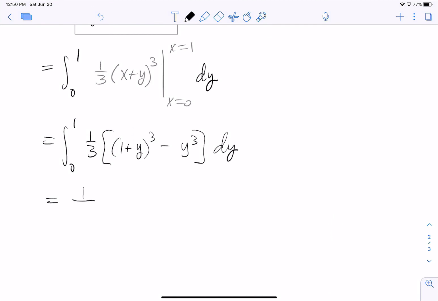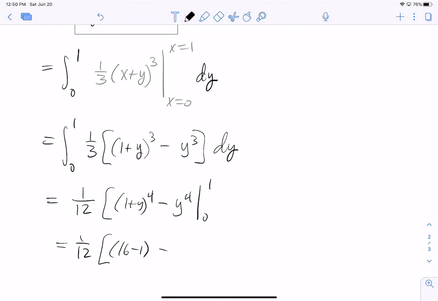You'll confirm, I'm sure, that this turns out to be 1/12 times the quantity of 1 plus y, the quantity to the 4th power, minus y to the 4th, evaluated from 0 to 1. This will give us 1/12 times the quantity of 16 minus 1 minus 1. The 16 minus 1 coming from evaluating y equals 1, and the 1 coming from evaluating y at 0. At the end of the day, this turns out to be 7/6.